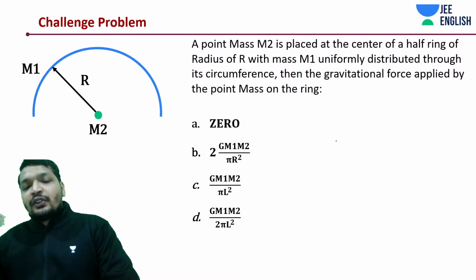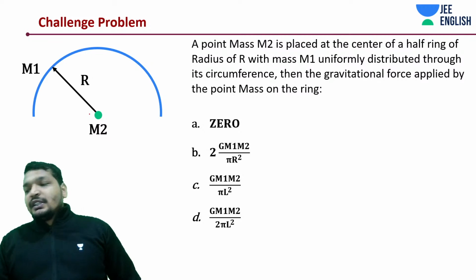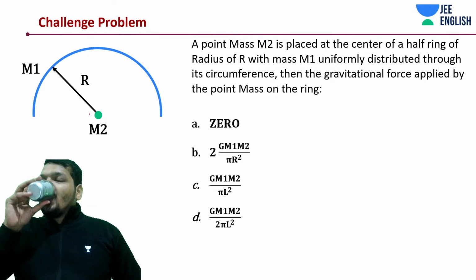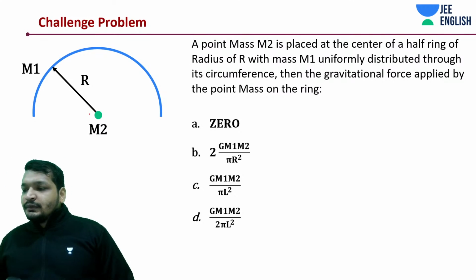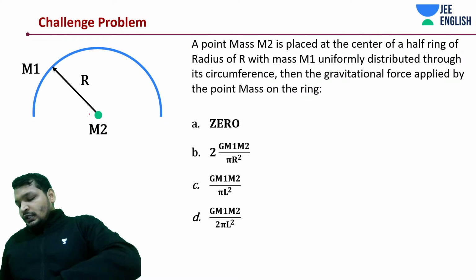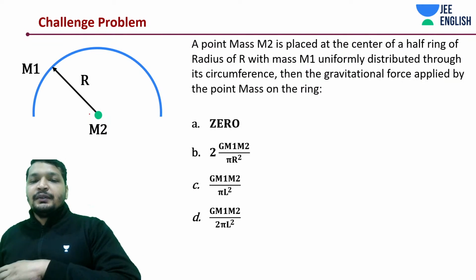Okay, let's get into the next question. So now in this case, what is being asked? Is this going to be 0? Yes or no? Is it lying symmetrically around a uniform mass distribution?